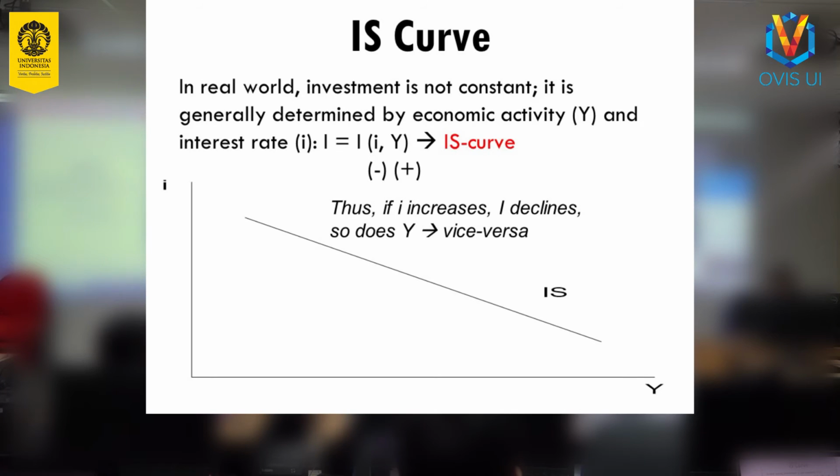Okay, I give you a hint, and let's see if any of you will catch this hint, okay? The hint is autonomous spending. Okay, I give you 1 minute to think. Remember when we discussed the multiplier? There is a concept of autonomous spending. What is the definition of autonomous spending?